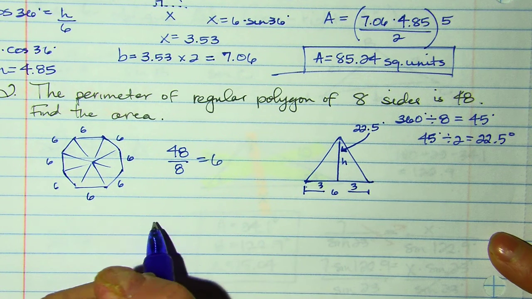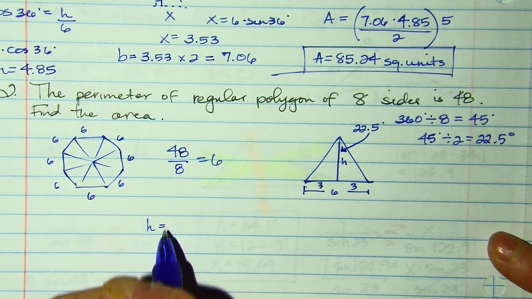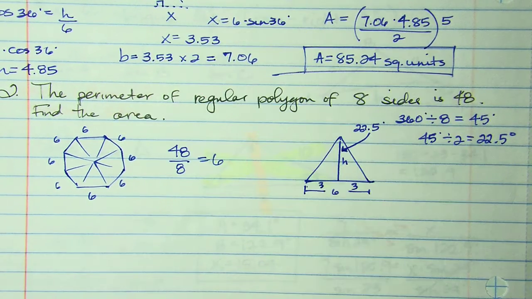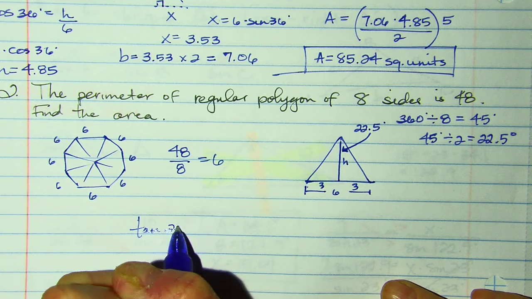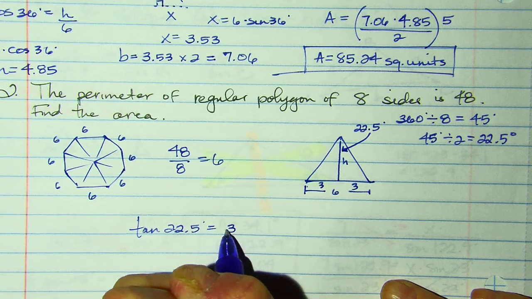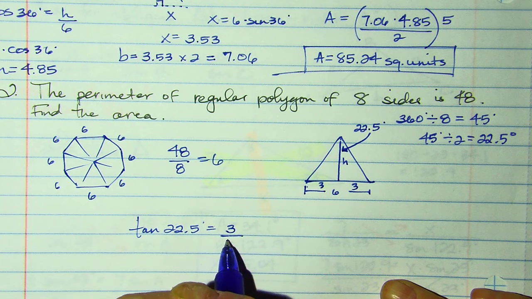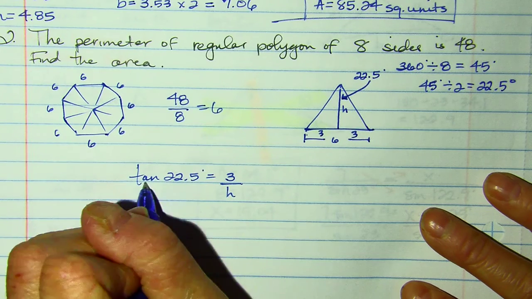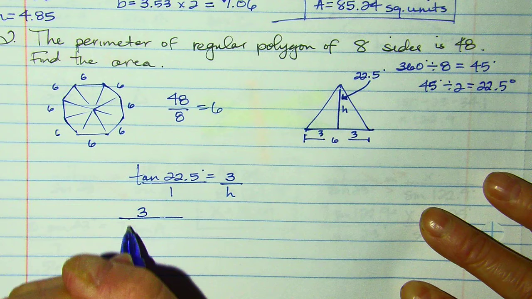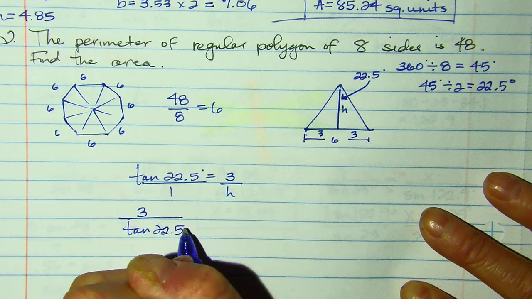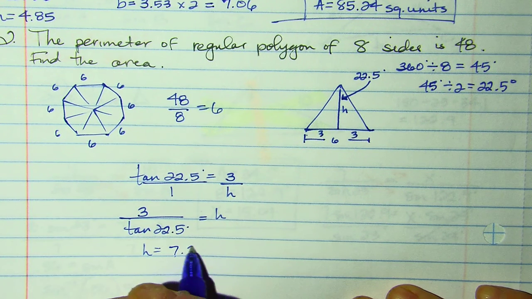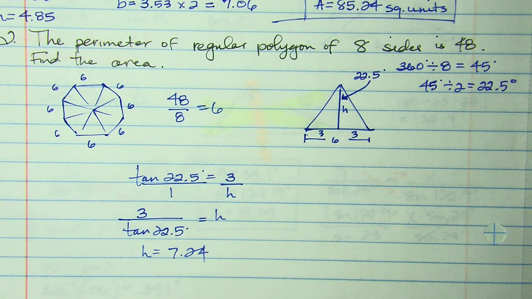So in order to find the height, the tangent of 22.5 degrees equals opposite over adjacent, which is h. So that would be 3 divided by the tangent of 22.5 degrees equals the height. And so I got that my height is 7.24. So 3 divided by the tangent of 22.5 is 7.24.